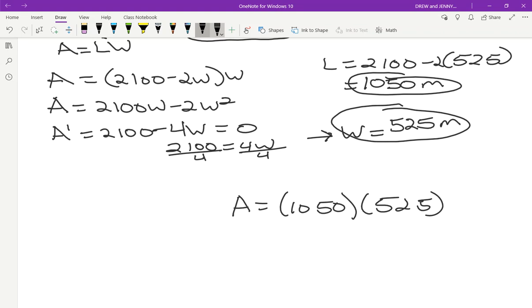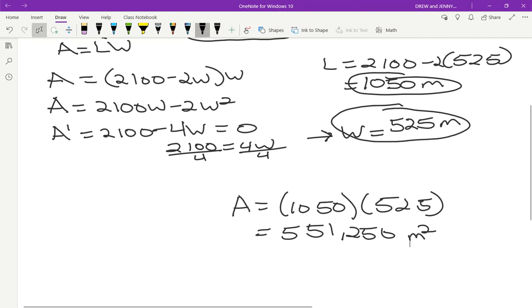And you can do that on your calculator, and we see that that is 551,250. And area is in units squared, so meters squared. Okay, and so there's our three answers that finish this problem.